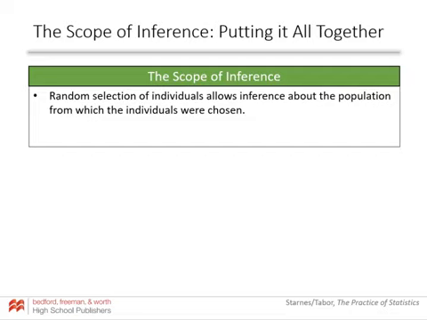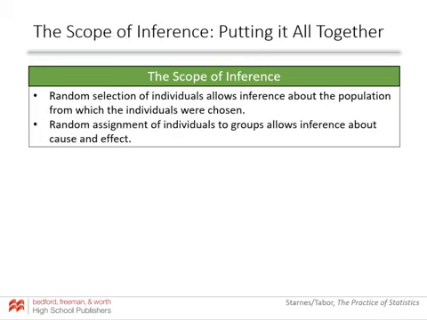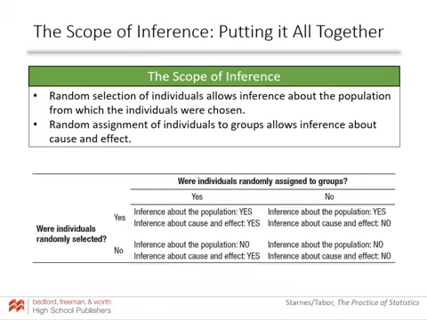If we have random selection, meaning we're randomly finding our sample, then we can take our inference to the whole population from which we chose those people. If in an experiment we have random assignment, that's the way we can do cause and effect. We randomly assign people to the treatments in our experiment, and that is how we can infer cause and effect.